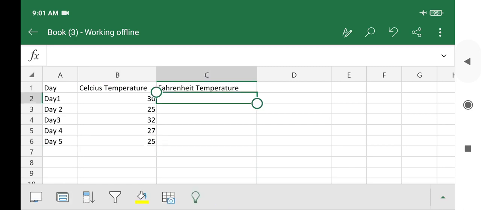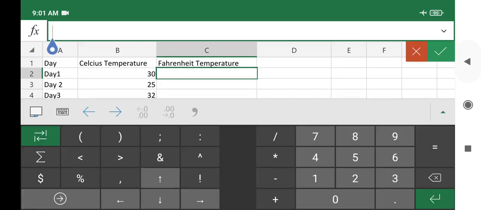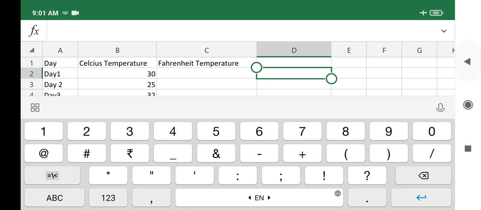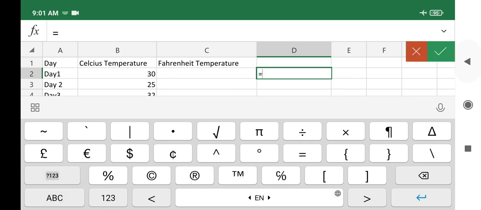Now Fahrenheit temperature calculation is required. First of all put the equals to symbol, which is very necessary. Now we have to take a Celsius temperature.